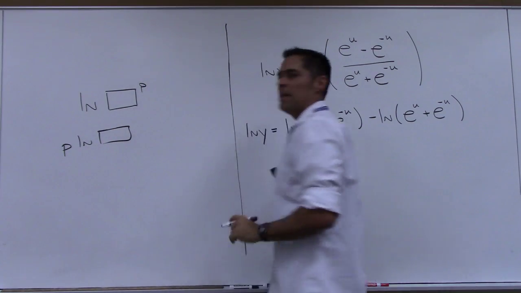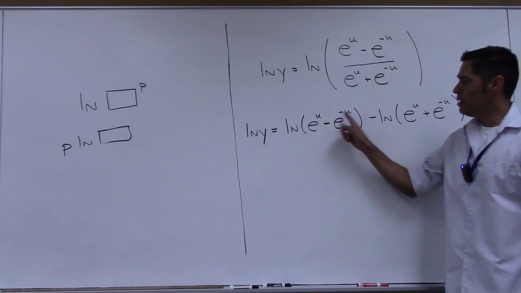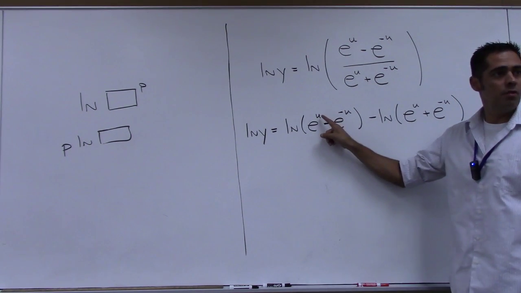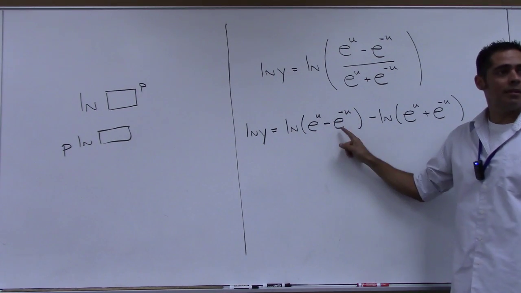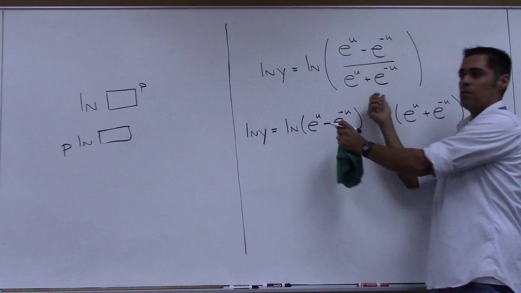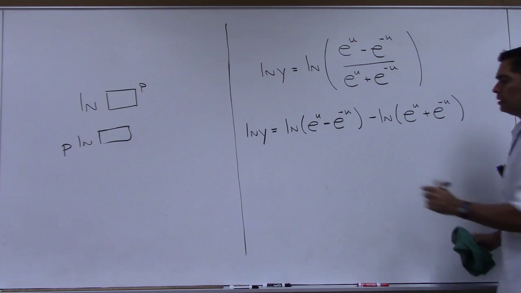But the power has to be acting on the entire argument of the function. So the u here would have to be acting on everything there. And here it's separated. You have a u acting on the e, and then you have a negative u acting on this. So unless you can somehow make all of this to the u power, you can't pull the u out. Agreed?